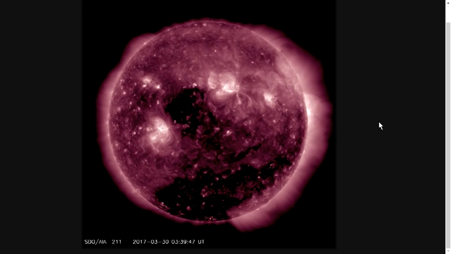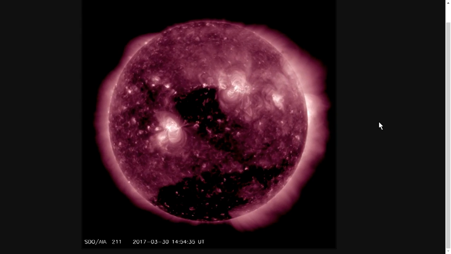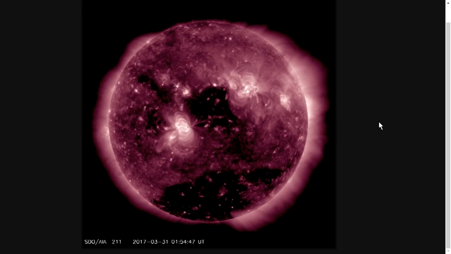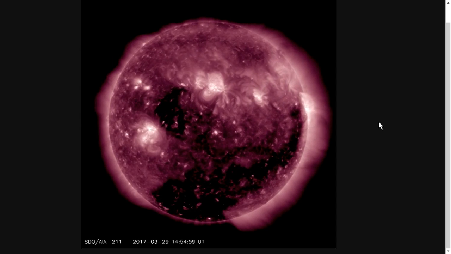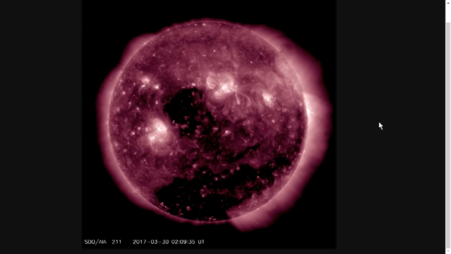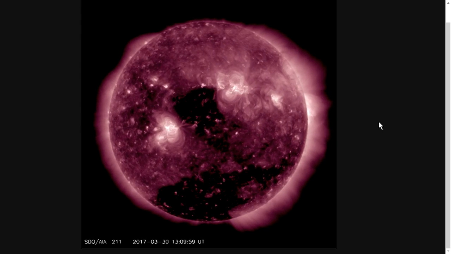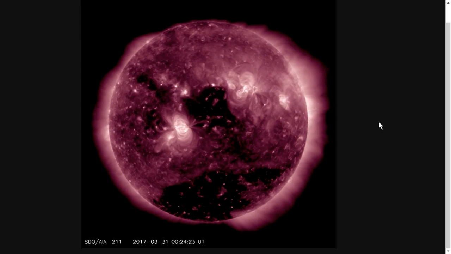What we're coming up with as far as the research goes, there has to be something below the sun's ecliptic that is causing these large coronal holes at the base of the sun.